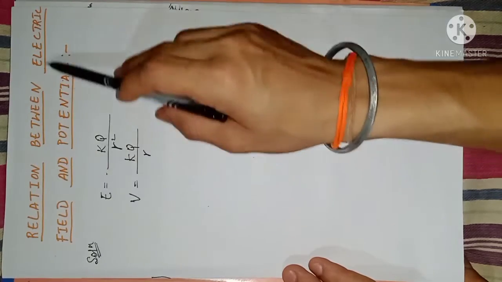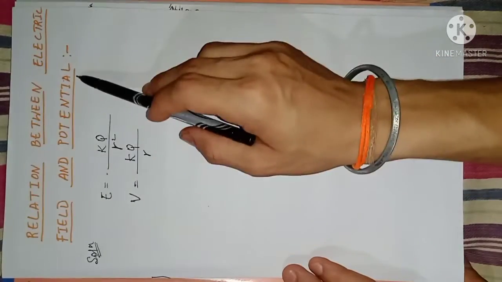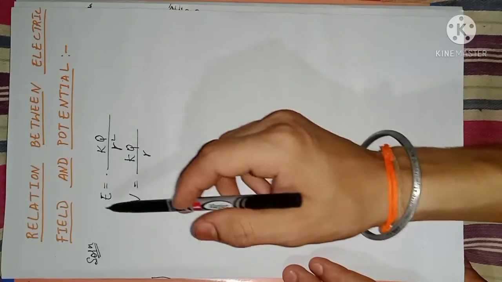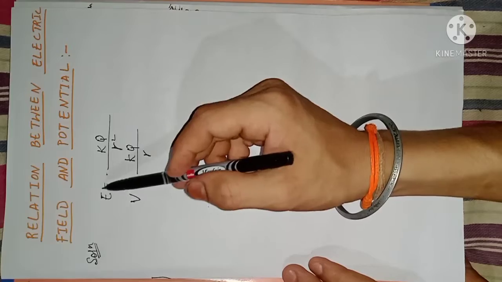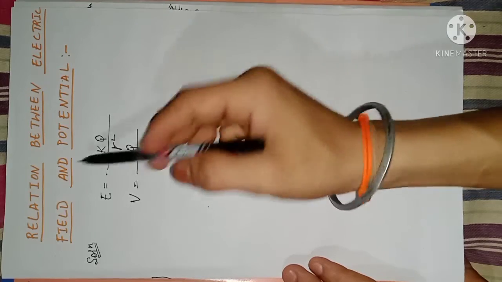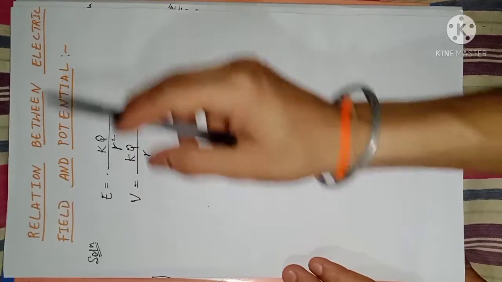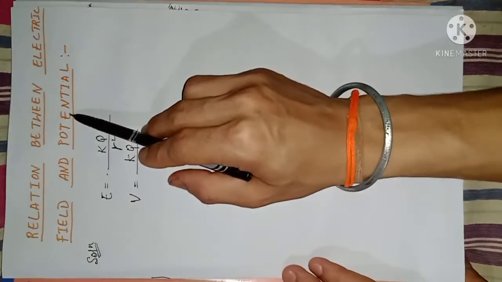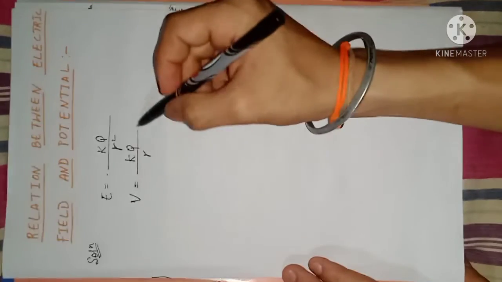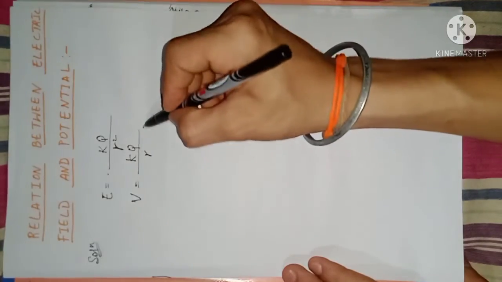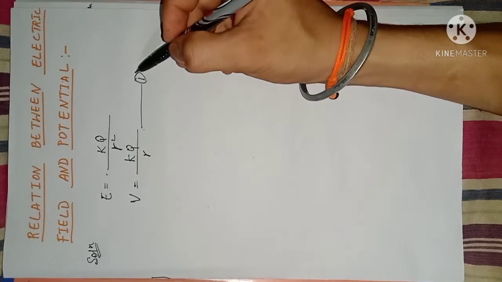Now we are going to derive the relation between electric field and potential. Since we know the expressions for electric field and potential, we are now finding the relation between E and V. So to find the relation, first of all we need to differentiate this one.